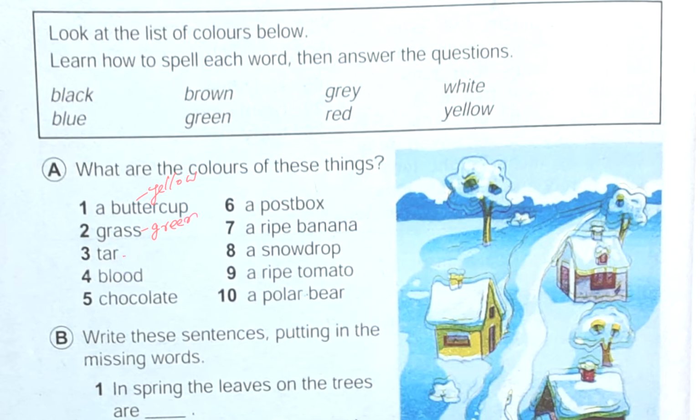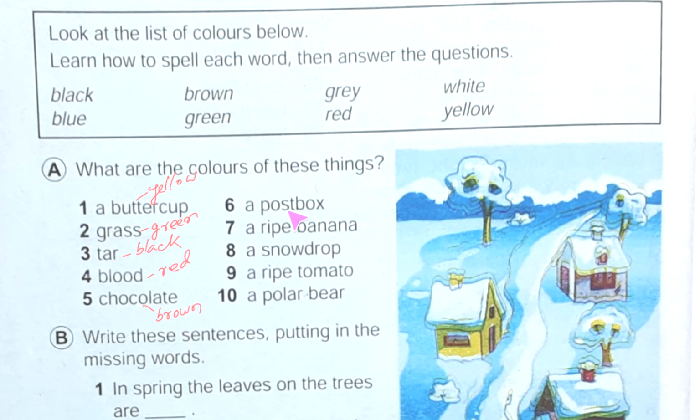Tar, its color is black. Blood, you know all, that is red. Chocolate, we find different types of color, but specially we get it as a brown color.